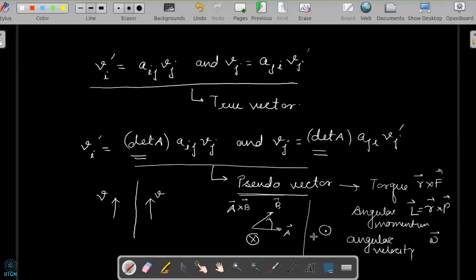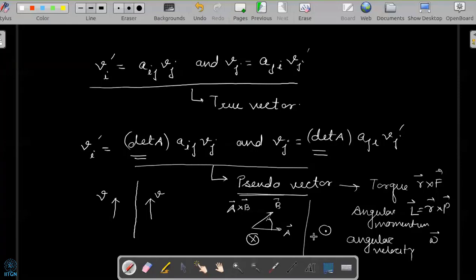Sir, couldn't this explanation for pseudo vectors, if I take the cross of yesterday's query, linear acceleration is not a pseudo vector. Angular acceleration will be a pseudo vector. Sir, if I do the cross of two tensors, which I was asking you yesterday, that has no physical significance. So couldn't we explain that by this concept, pseudo tensors? Mathematically we can have them, but as a physical quantity, do we have such a quantity? Whether it exists or not, we have to figure out.